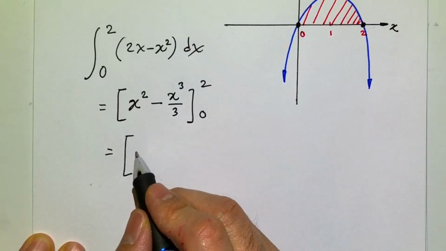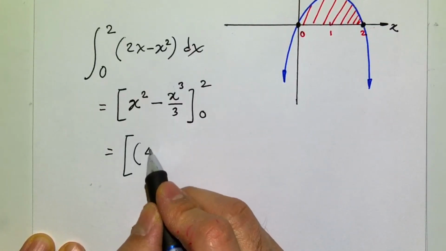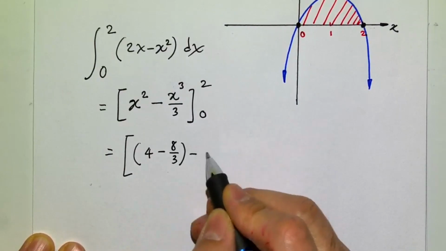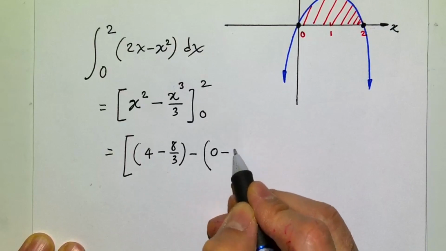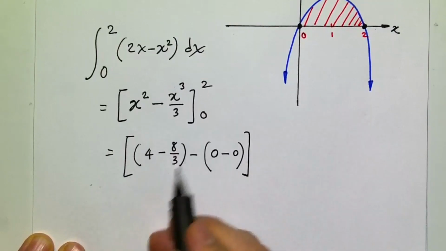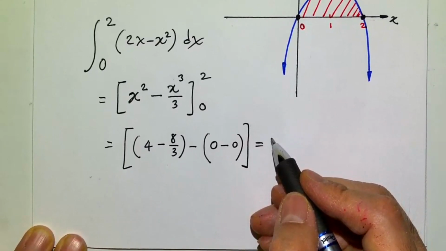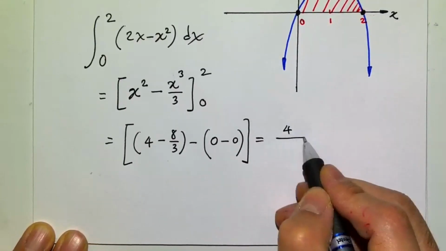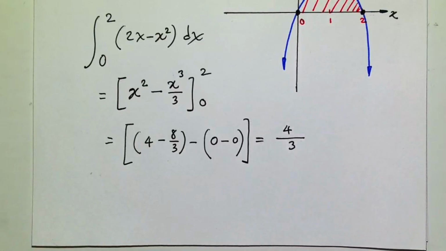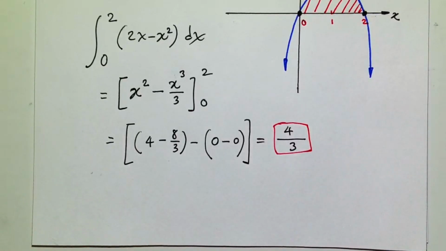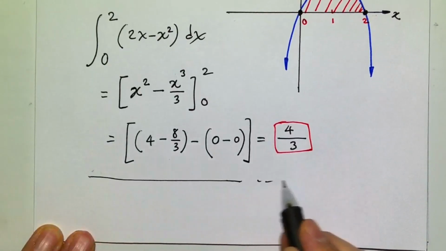We have 4 minus 8 over 3 minus 0 minus 0, right? So 4 minus 8 over 3, it is 4 over 3. Okay, positive 4 over 3. So that's that.